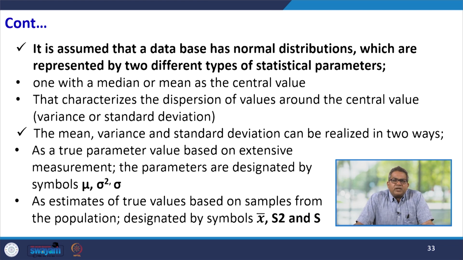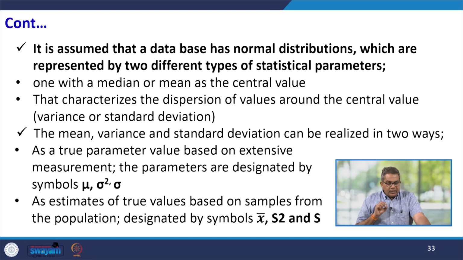Now, it is assumed that the database has a normal distribution, which is represented by two different types of statistical parameters. One with a median or mean as the central value, and the other that characterizes the dispersion of values around the central value, the variance and the standard deviation. The mean, variance and standard deviation can be realized in two ways.